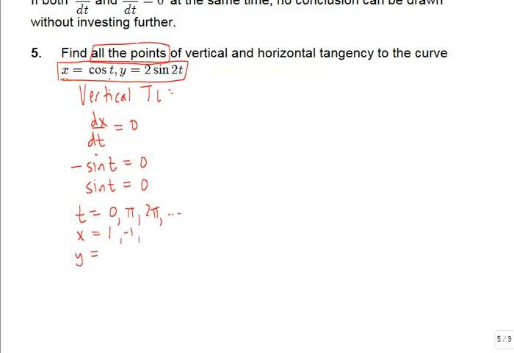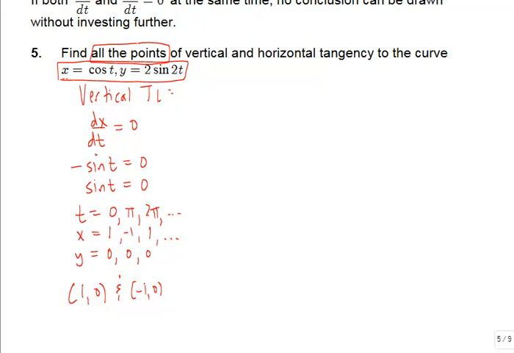If t is 2 pi, cosine of 2 pi is back to 1 again, etc. If I plug in 0 for this t into y, 2 sine of 0 is going to stay 0. If I plug in pi, sine of pi is 0, so this will still be 0, and so on for the rest of these. So these are going to be the points 1, 0, and negative 1, 0, and these will repeat over and over again. So far that looks like it's going to be my vertical tangent lines.